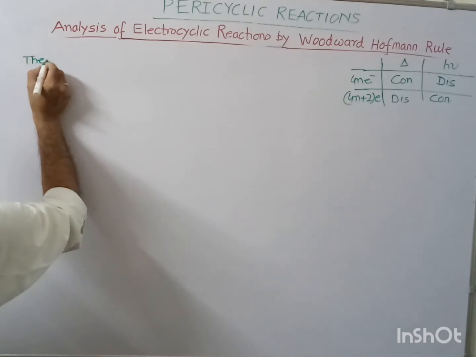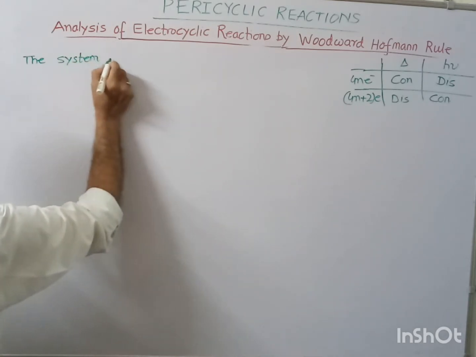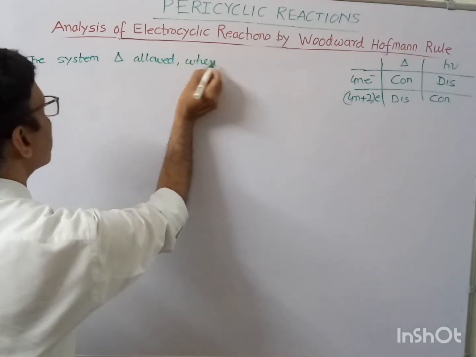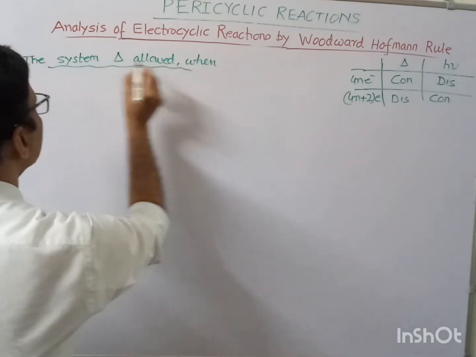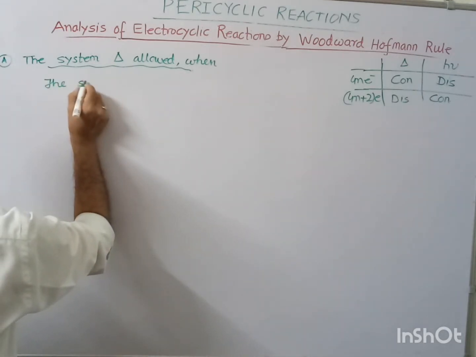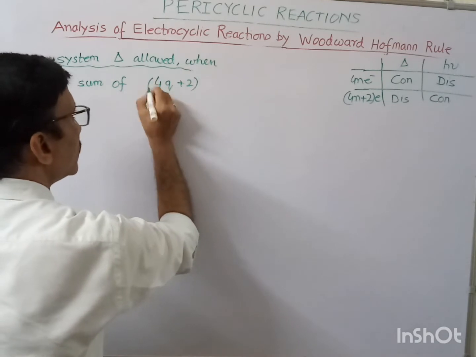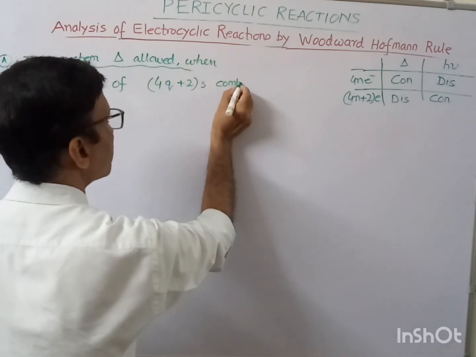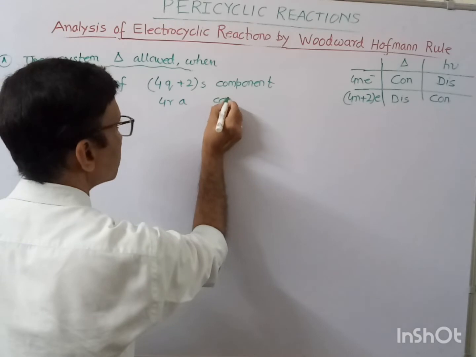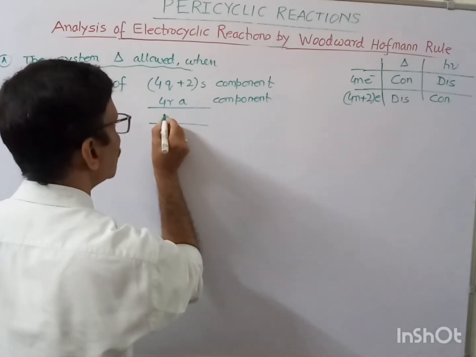The system is thermally allowed when the sum of (4q plus 2s) component and 4r a component is coming out to be odd.